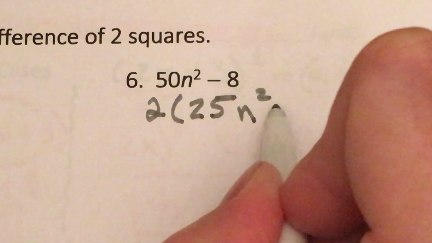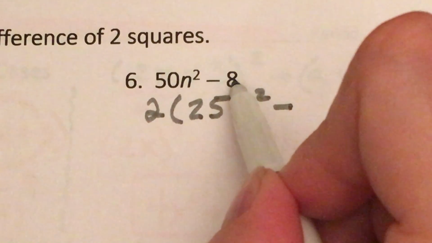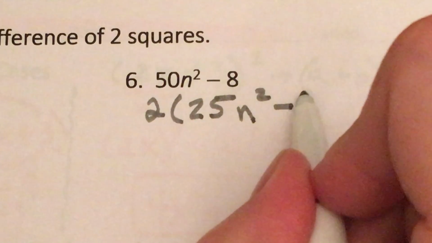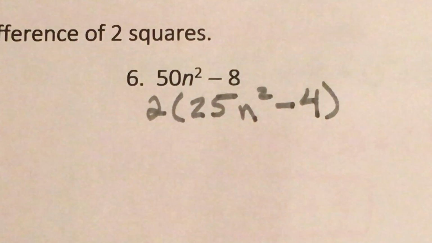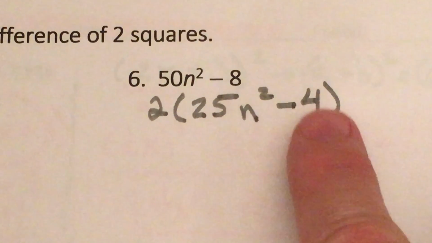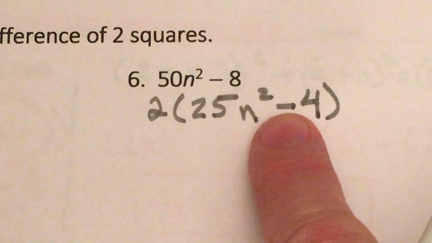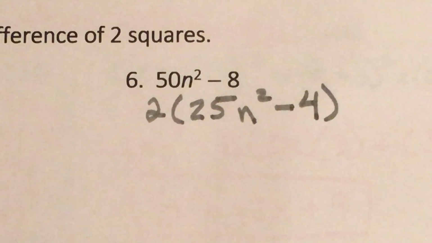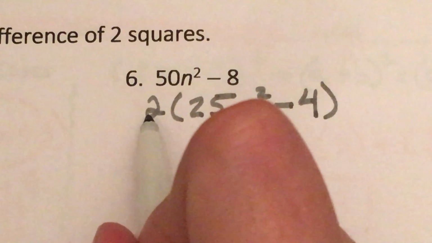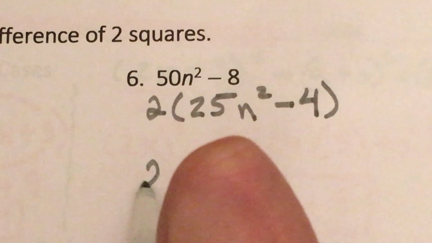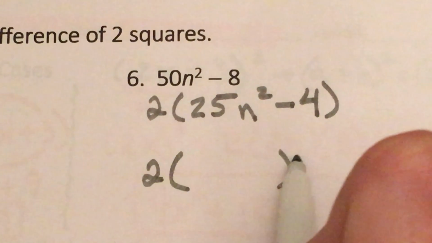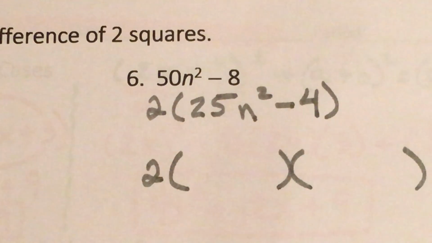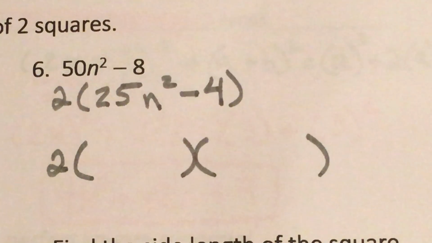N squared minus, and 8 divided by 2 is 4. Aha! 2 terms, a minus in the middle, and these are now perfect squares. We're good to go. We just have to remember, bring the 2 with us as we work through the set.